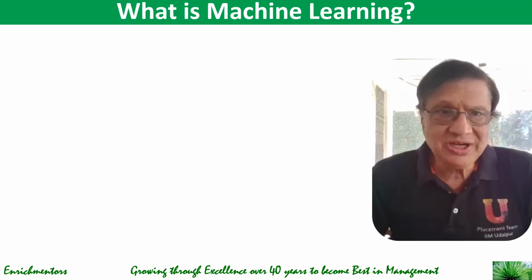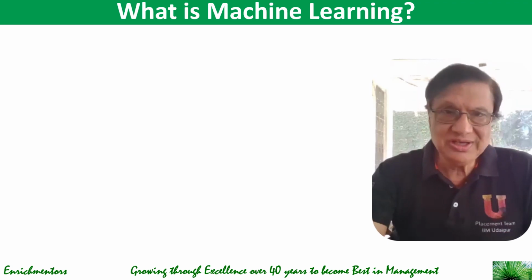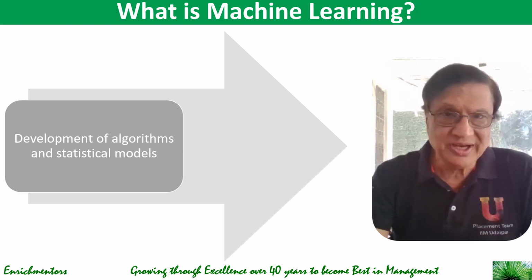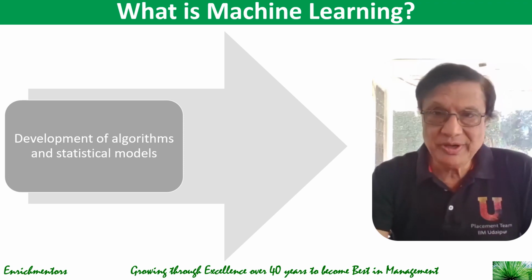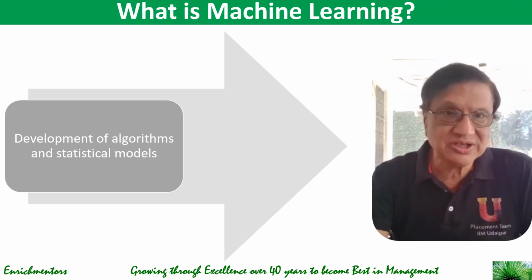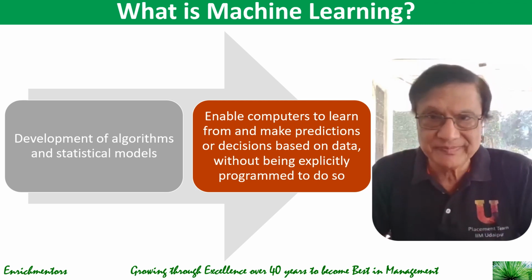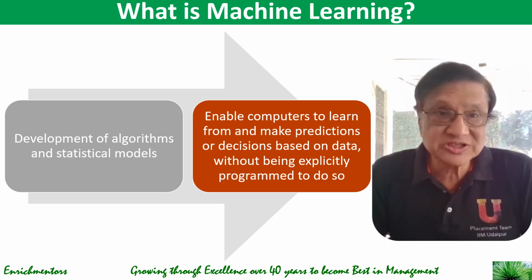So, what is machine learning? Machine learning is a subset of artificial intelligence that involves the development of algorithms and statistical models that enable computers to learn from and make predictions or decisions based on data without being explicitly programmed to do so. That's where they're different from normal software programs.